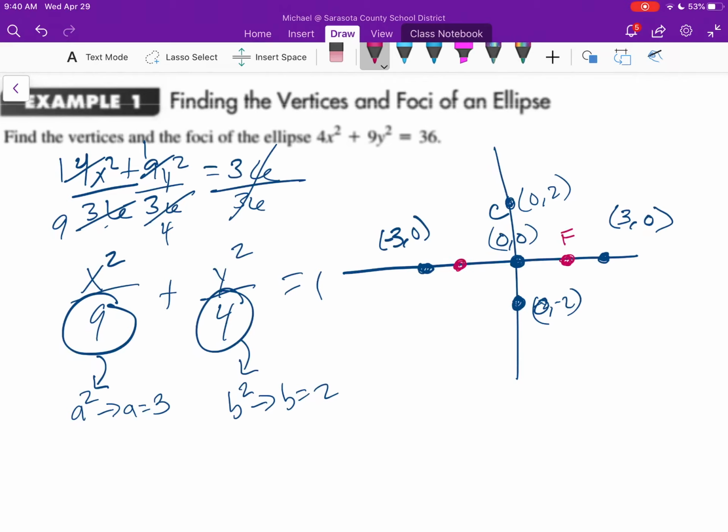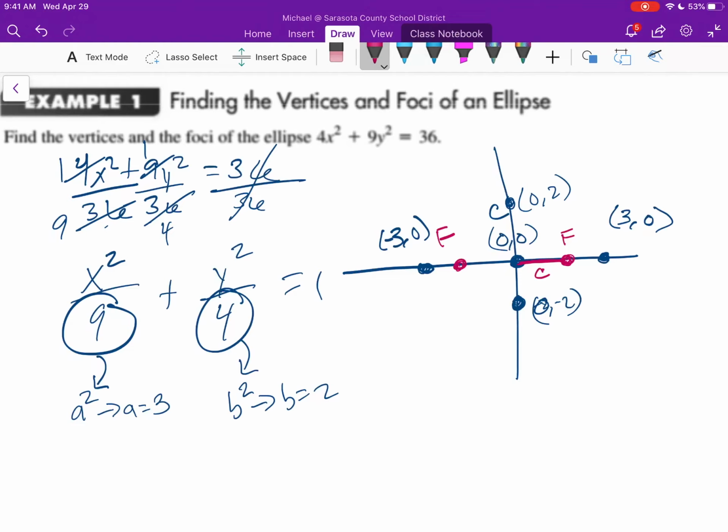I'm going to throw a couple of points in here for some relation right now. Let's say that here's a focus point, and here is a focus point. What we need to understand is that we have somewhat of a Pythagorean relationship at this point. If you remember, the distance from the center to the focus we denote as lowercase c.